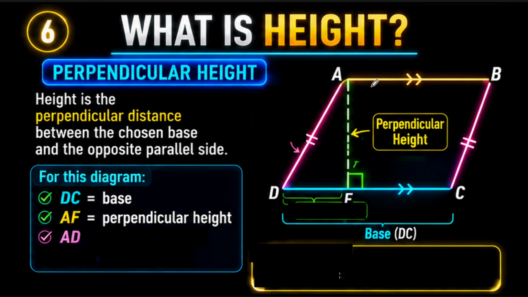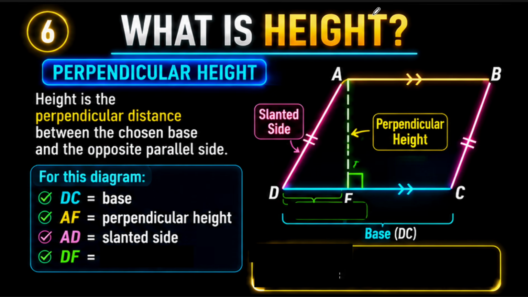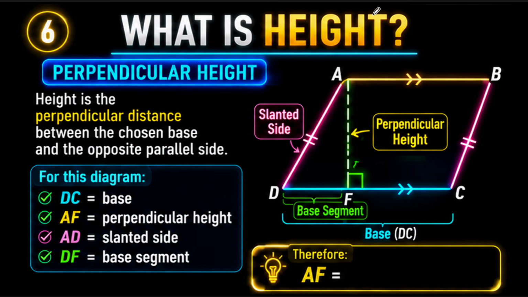And then AD would be our slanted side. Then DF is our base segment. Okay, so that's the part of our perpendicular. So therefore, AF is the height to the base DC.